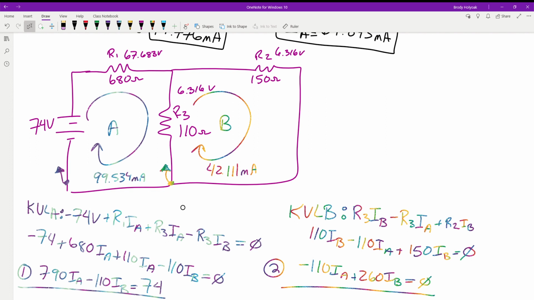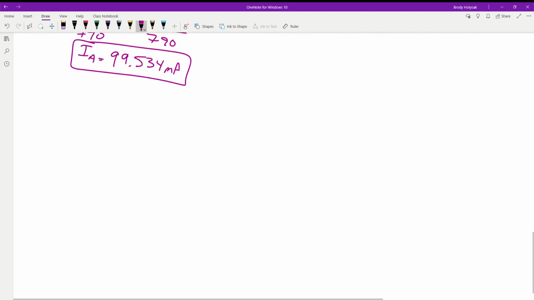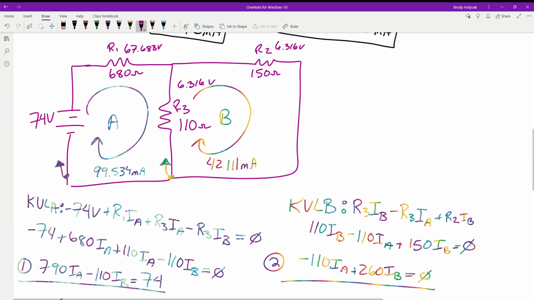Now, here's the real question. How much current do we have going through R3? Yep, because we have 99 coming down and 42 coming back up. So we're going to end up with current going in this direction. And how much?